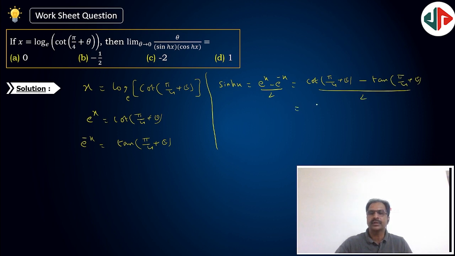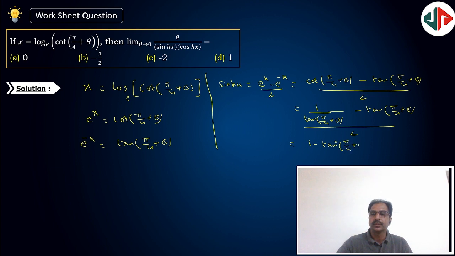Now write cot as 1 by tan, and if you take LCM, then you get 1 minus tan square of pi by 4 plus theta by 2, over 2 tan of pi by 4 plus theta by 2.